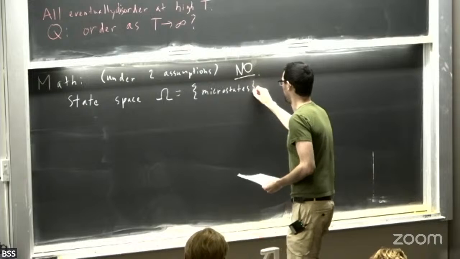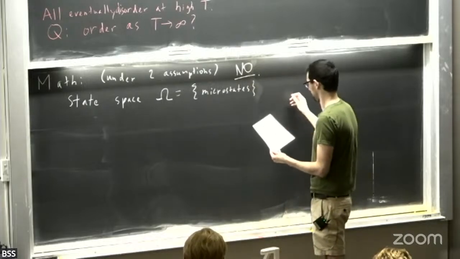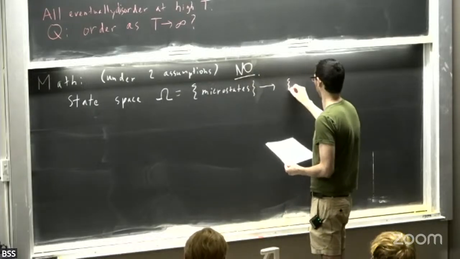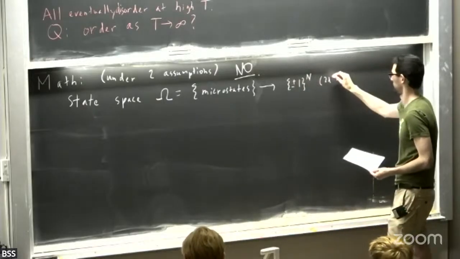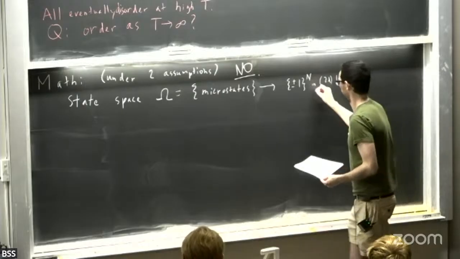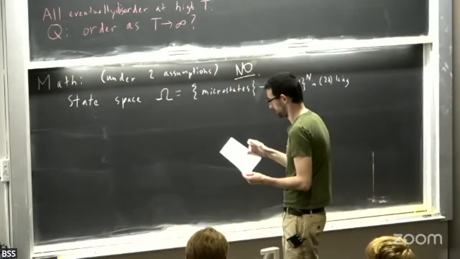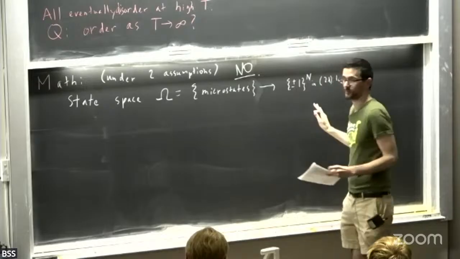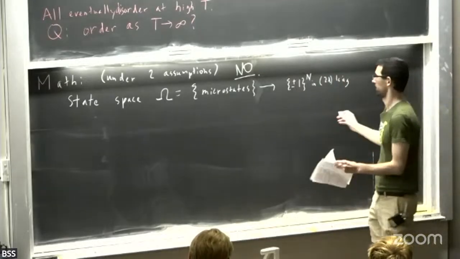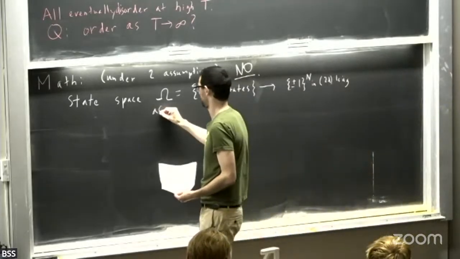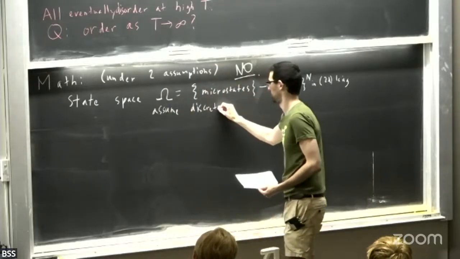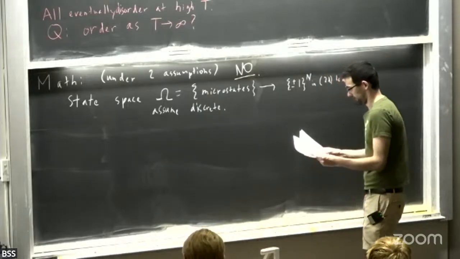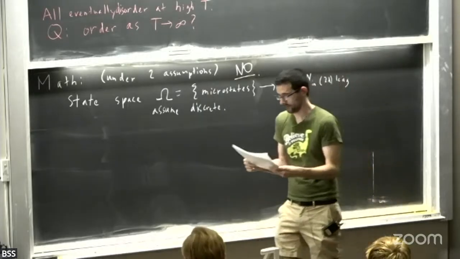So in our Ising model, this was like plus or minus 1 to the n. And for the moment, let me just assume this is discrete. Just to make things a little bit easier, but that's not essential.